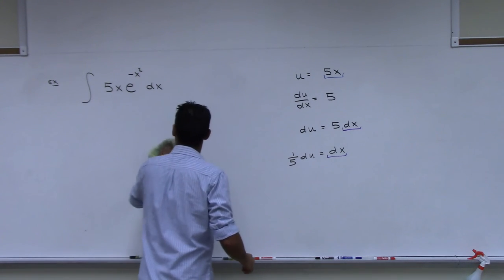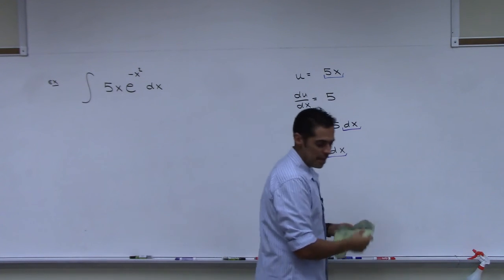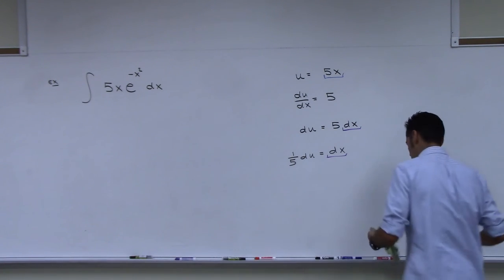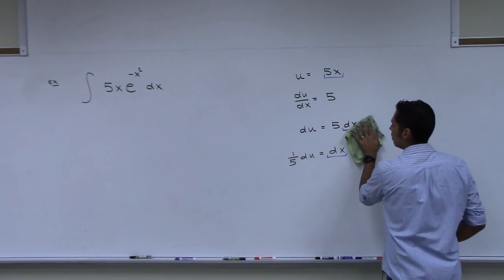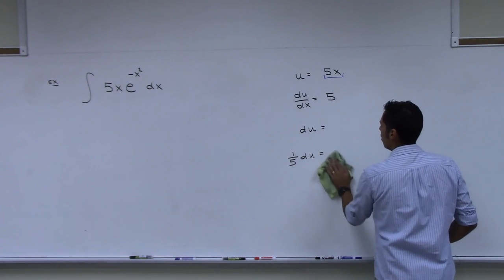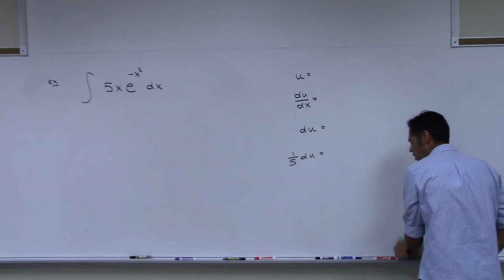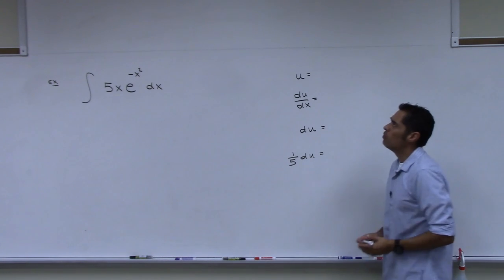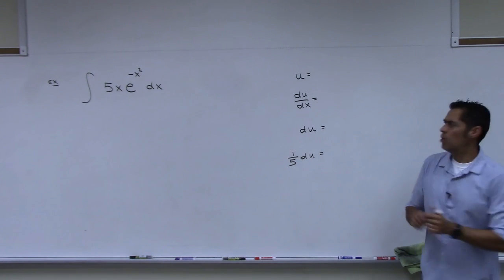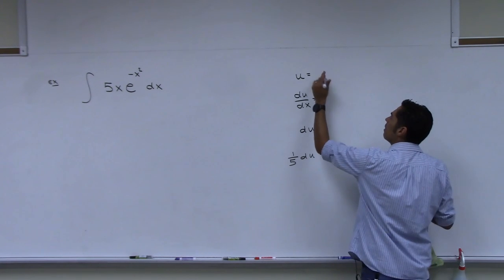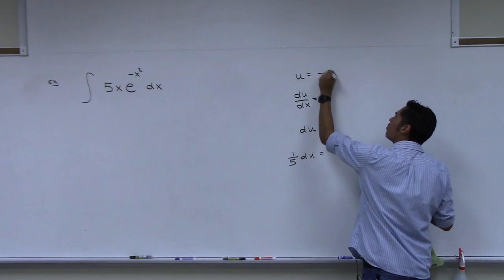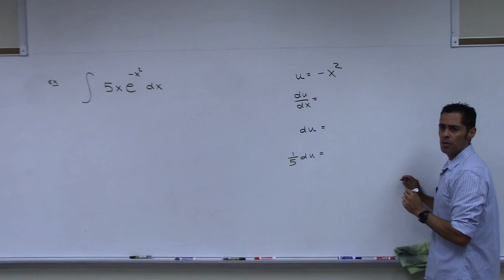All right, and we're going to try and see if we can maybe see a different u. I'm going to give the same table an opportunity to try a different u. You want to go with the whole negative x squared? Okay, if you take the whole negative x squared, what's the derivative of that going to be? Well, let's write it down because it might be hard to keep track of in your head. Negative x squared is going to be what you pick for your u.